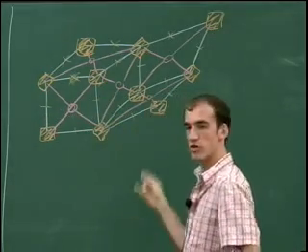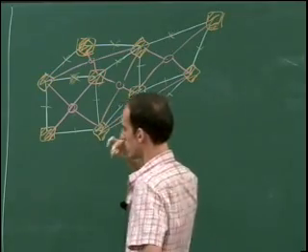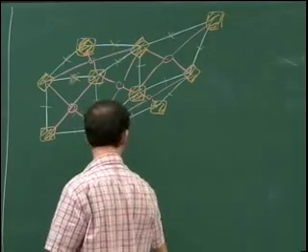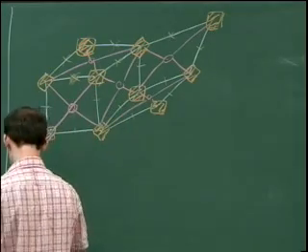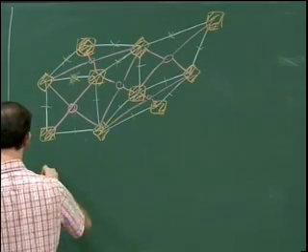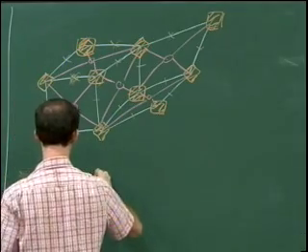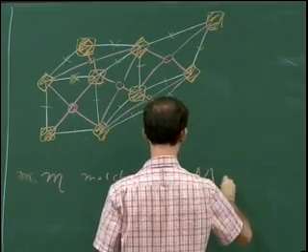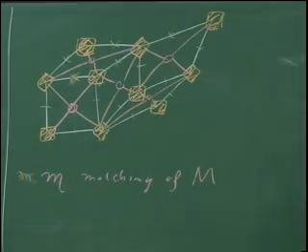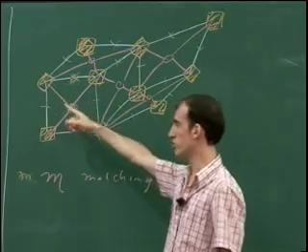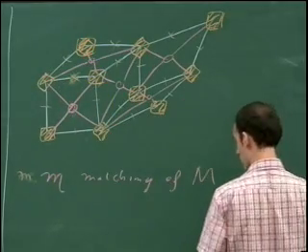This is going to be defined by a local rule depending on a matching m. So you have a matching m, and I'm going to look at the local picture. The local picture is more or less always the same.